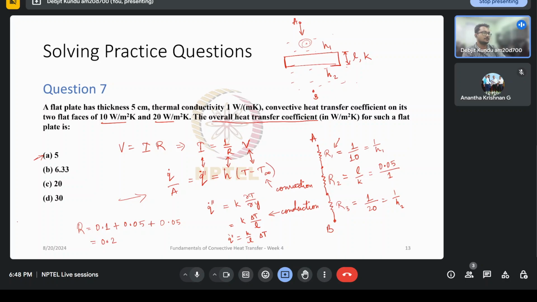So overall heat transfer coefficient, let's say U, where you know Q is equal to U into delta T, Q dot. Sorry, Q dot.